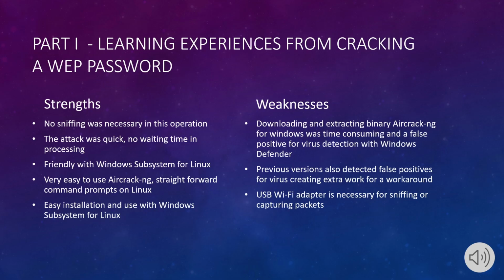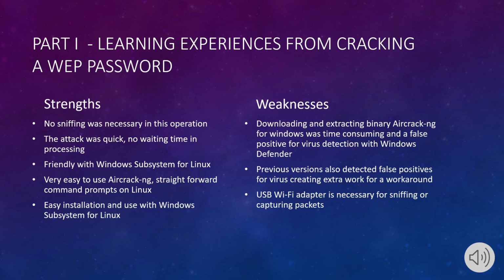For instance, I would consider a weakness that downloading and extracting Aircrack for Windows was very time consuming, with a false positive for virus detection from Windows Defender, as I am using the Windows operating system. There were various ways of doing this. By downloading the file, you could take it to the C drive and put it into a bin folder, for instance, and then run it from the command line.